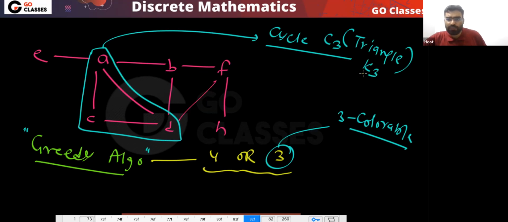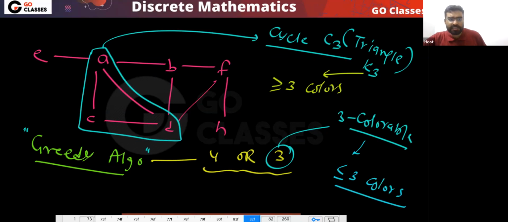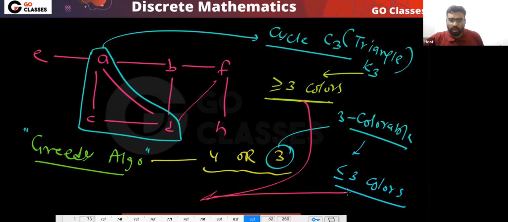So how many colors do you need for K3? 3 colors definitely. This is saying that at most 3 colors you need, and this is saying that at least 3 colors you need. So from these two, what can I say? From these two, I can say the chromatic number is 3.